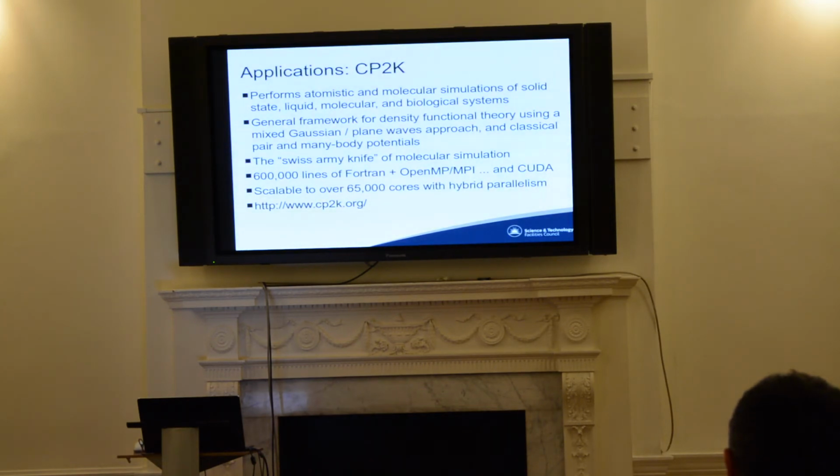So it is one of the most widely used codes on the national service. I think it could be the fourth or so most widely used code. And I did mention earlier that roughly 40% of the applications in UK National Academic Scientific HPC are materials chemistry based. So this is one of those codes.